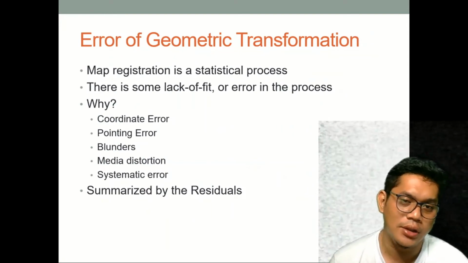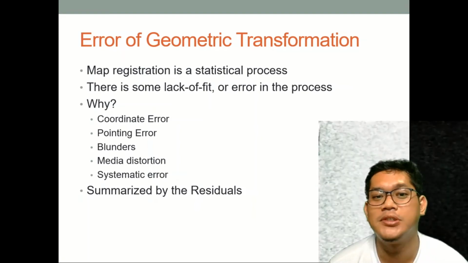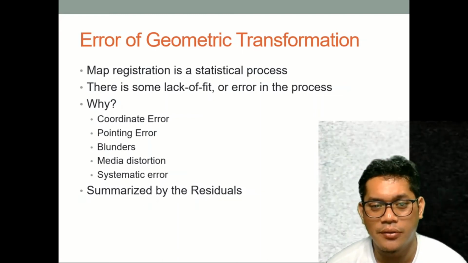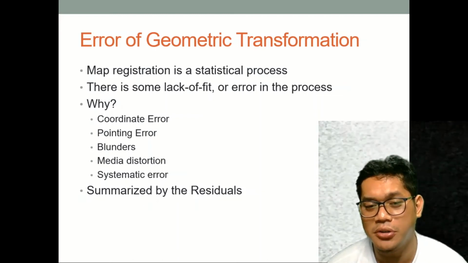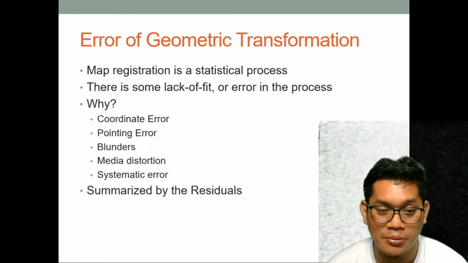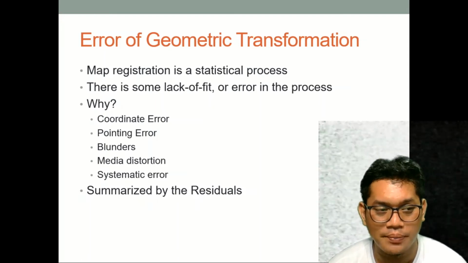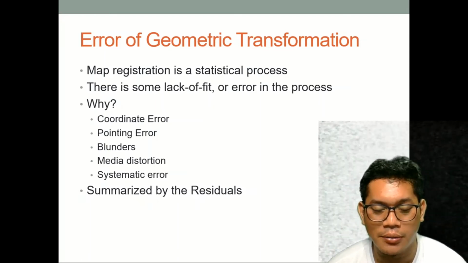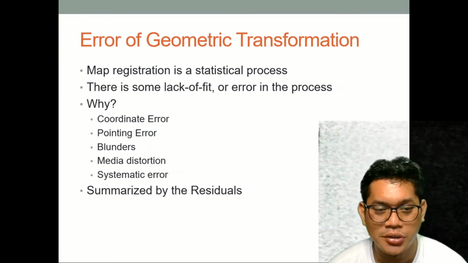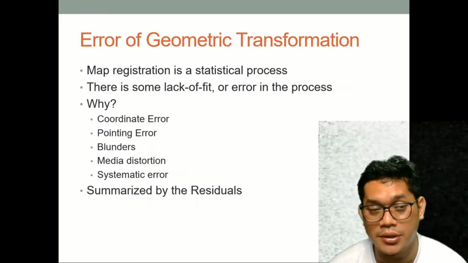And of course, even though we try as much as possible to ensure the accuracy of the data, there will be some error. Because map registration is a statistical process, there is some lack of fit or error in the process because of coordinate error, pointing error, blunders during the process, because our hands are shaky, our eyes are uneven, or taking too much alcohol, media distortion, or it could be systematic error due to the platform or camera distortion.